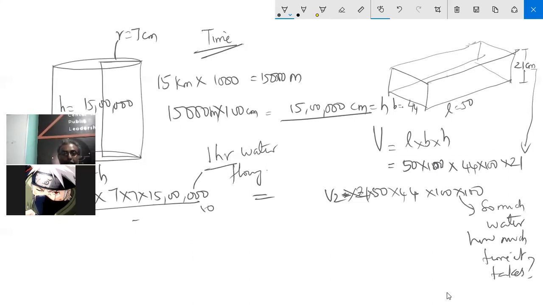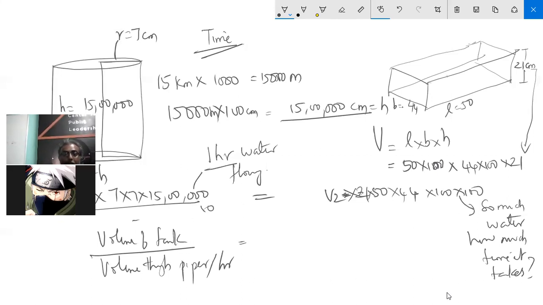Okay. That means we have to do volume of tank divided by volume through pipe per hour.